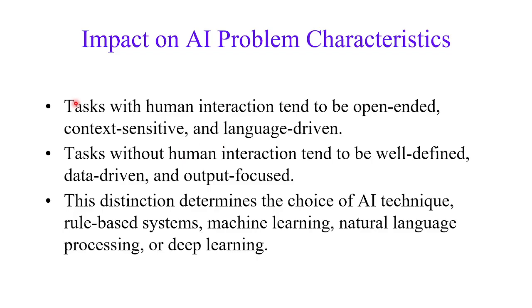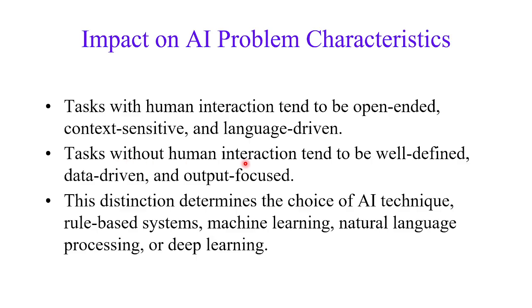What does it mean? It means the problem space is not fully defined. If it is context sensitive, the correct answer changes based on the circumstance. When it is language driven, the primary medium of communication is obviously natural language. So, this is with respect to tasks with human interaction.